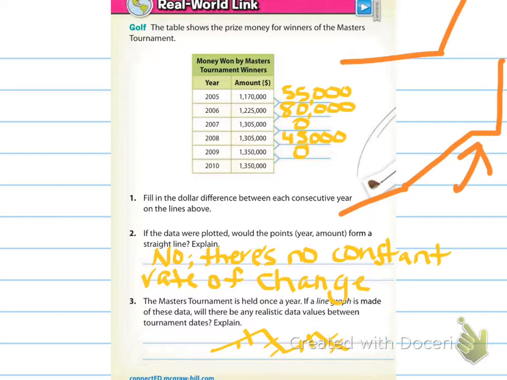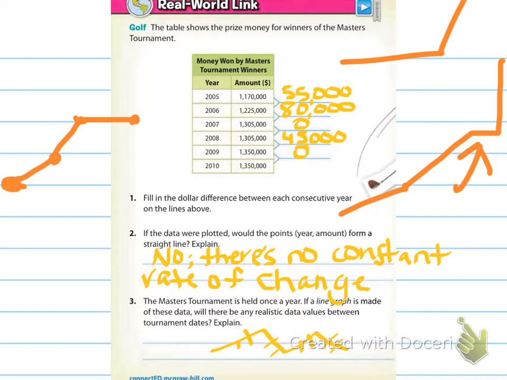So for instance, if I were to graph something like this, I'd start off with the 1,170,000 here, and then we go up a little bit to the 1,225,000, then the 1,305,000, and then it's going to stay there for 2 times.